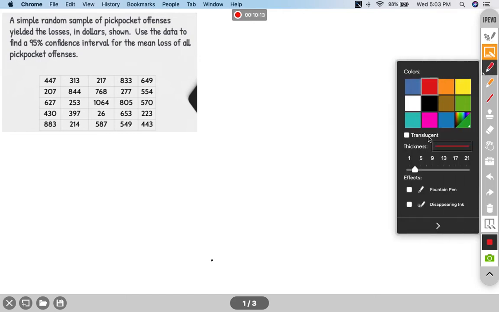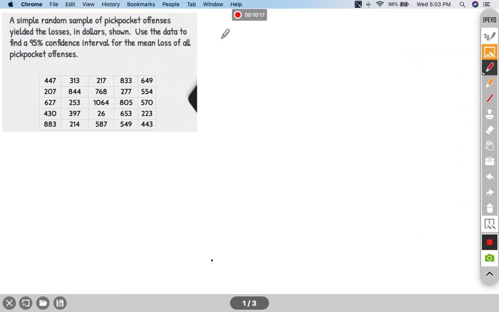As we're working through this, first thing we're going to need to find is x bar and s. And here's something that will help you if you haven't figured this out yet. I haven't talked about this in class.